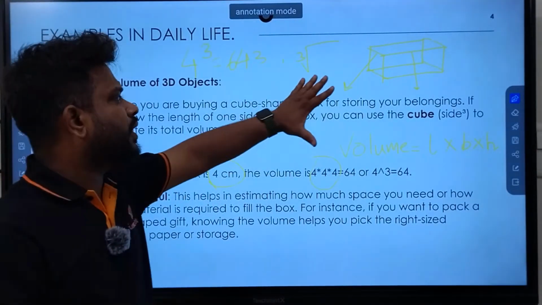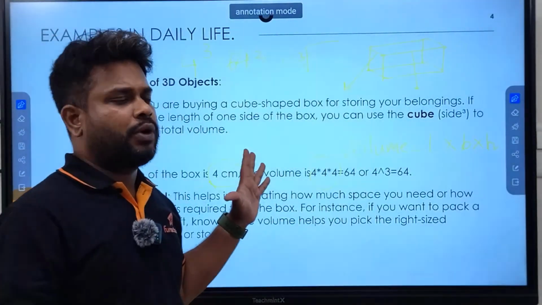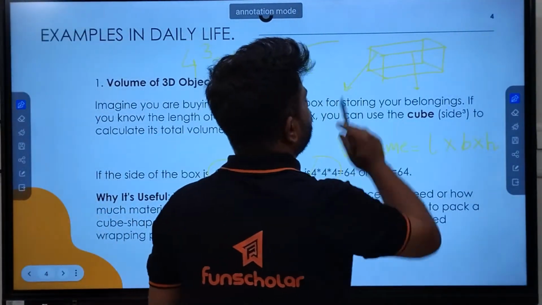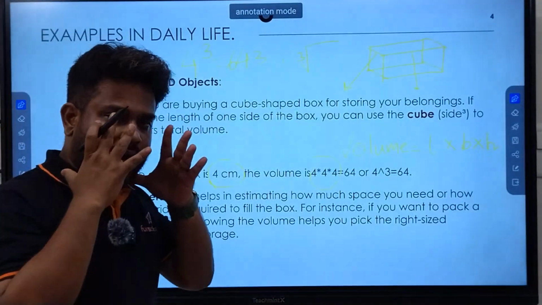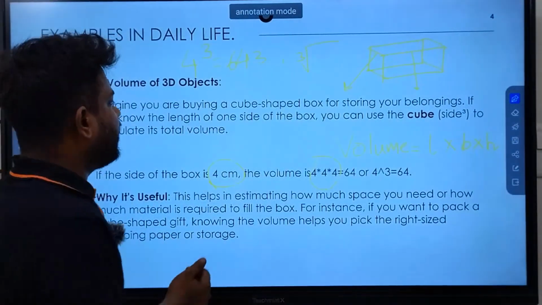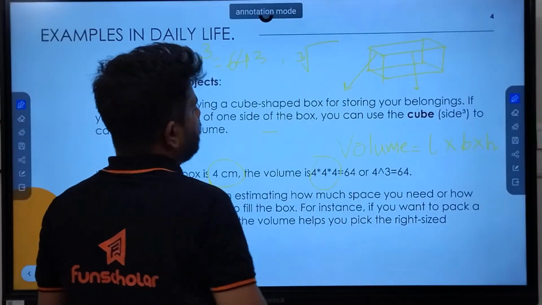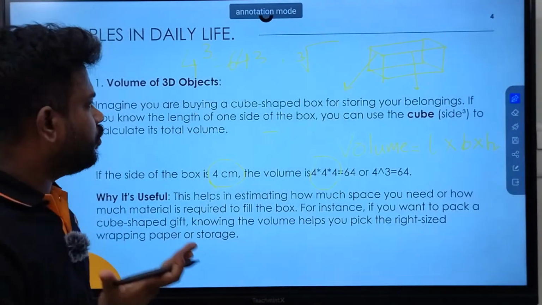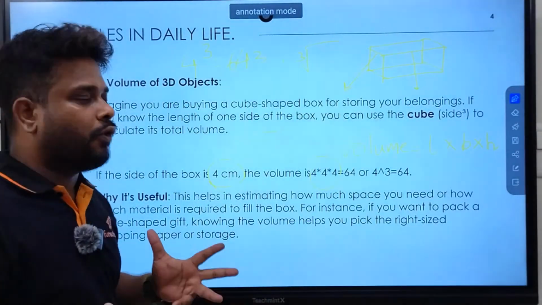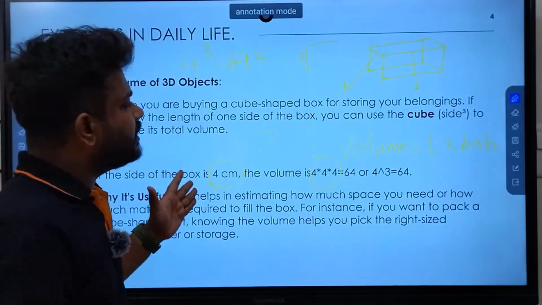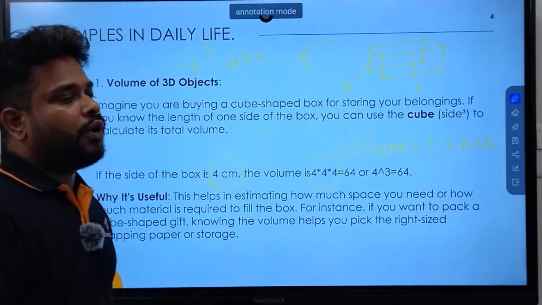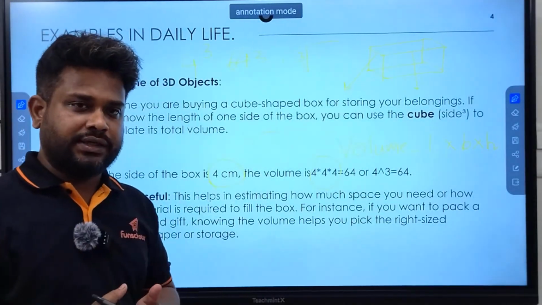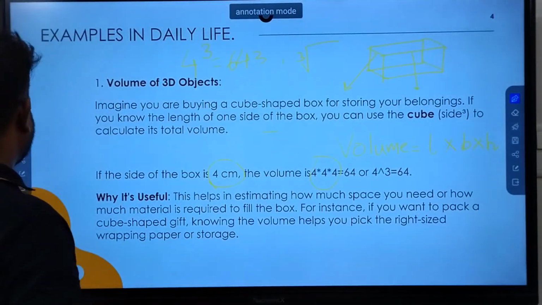This one is like a cuboid, because this length and this length won't be similar. But if you consider a natural cube, a cube has all the sides equal, so it will be much easier to find the volume of a cube, or else you can also find the volume of this cuboid just by measuring all the sides. Okay, so let's go further.